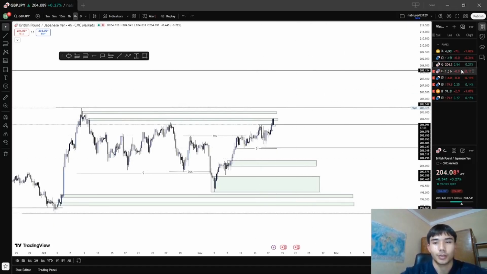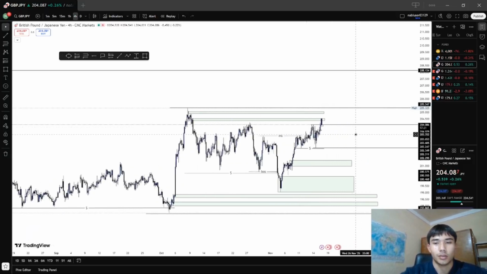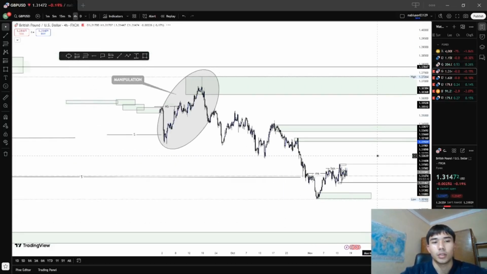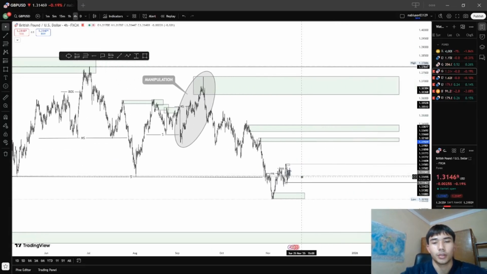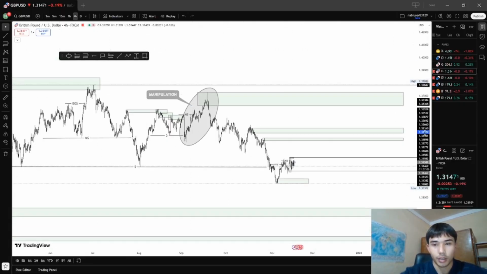All right, so our weekly analysis is bullish, but we are on a pullback on GBP/JPY. So this is GBP/USD.